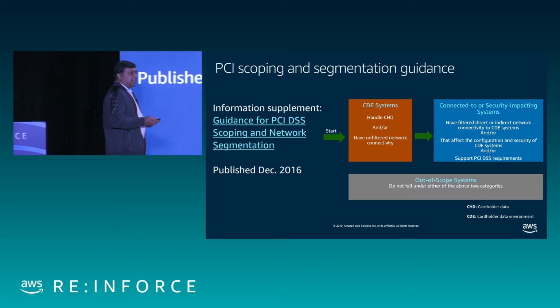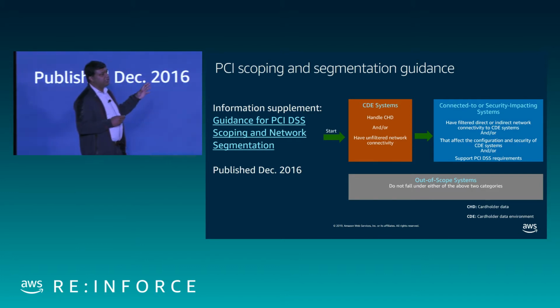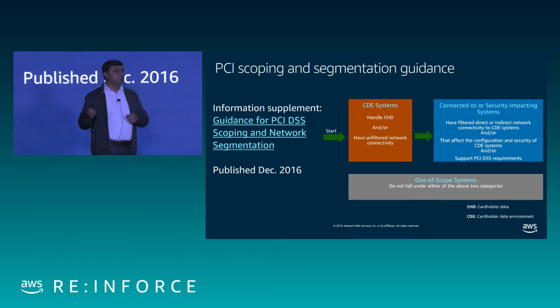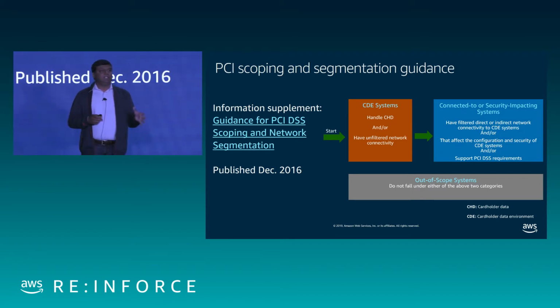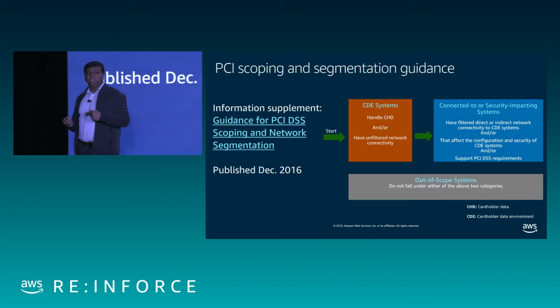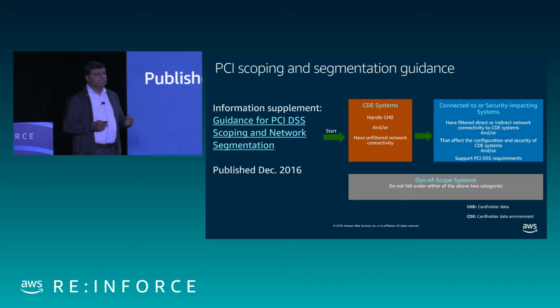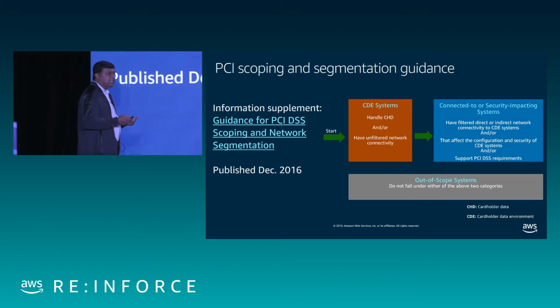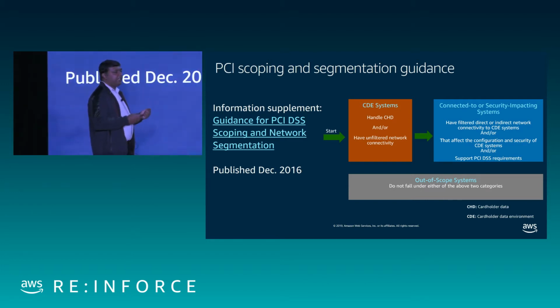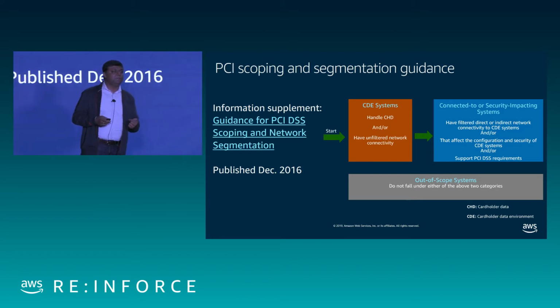Your second category of systems falls under what is known as connected-to or security-impacting systems. These are systems that do not handle credit card data, but they have an impact on your CDE. This can be systems that manage the security of the CDE, things like an antivirus server that provides antivirus services to your CDE.